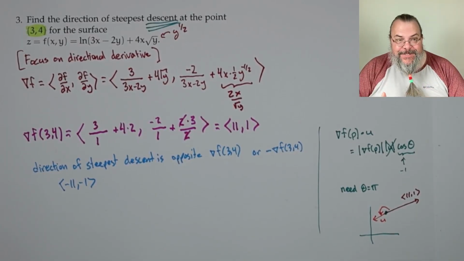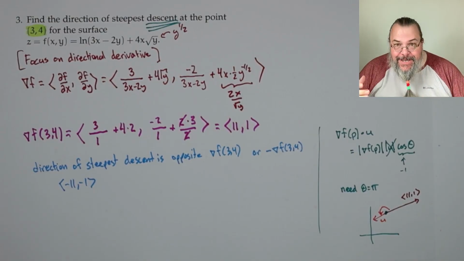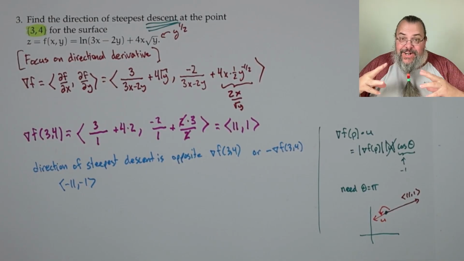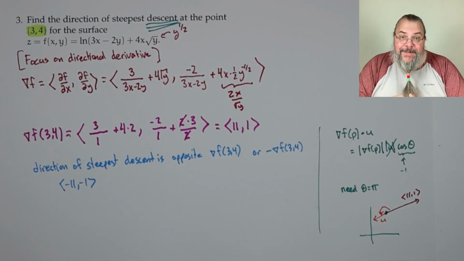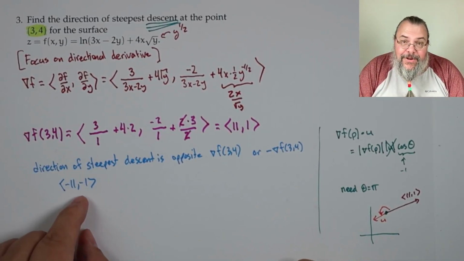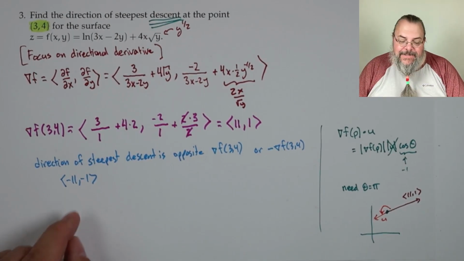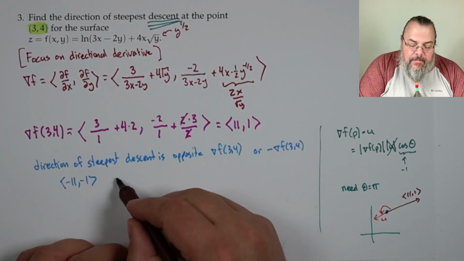What's wrong with this? Well, when we're thinking of direction, they really insist on, and we want to be really careful here, unit vector. Is this a unit vector? No. Has the wrong size. So we fix that. Okay, so we need to make this a unit vector.